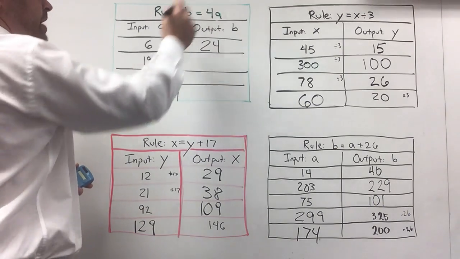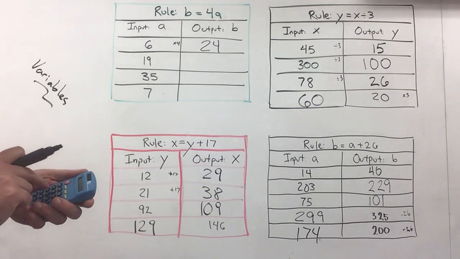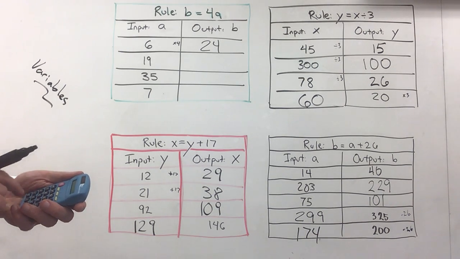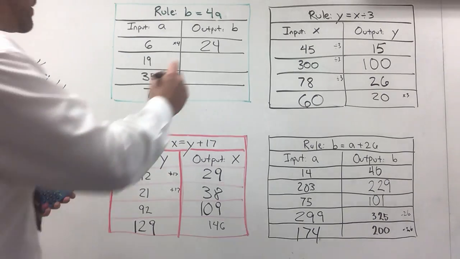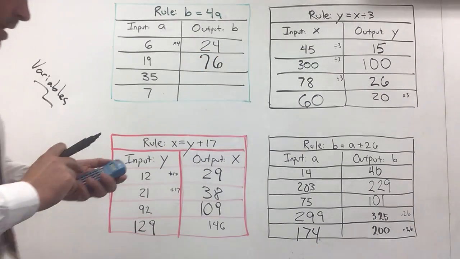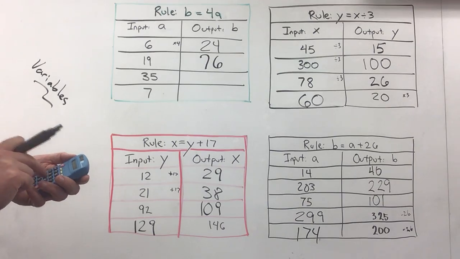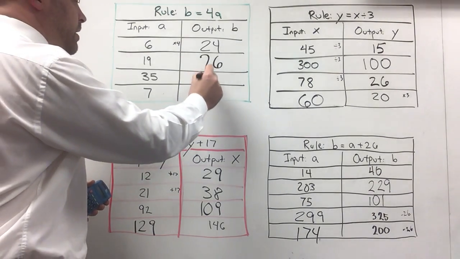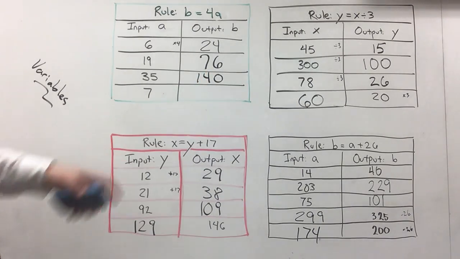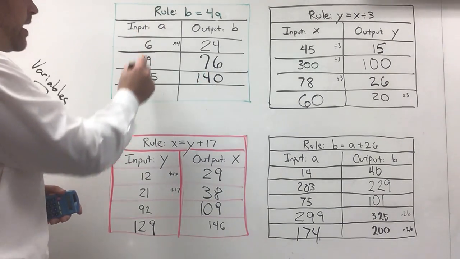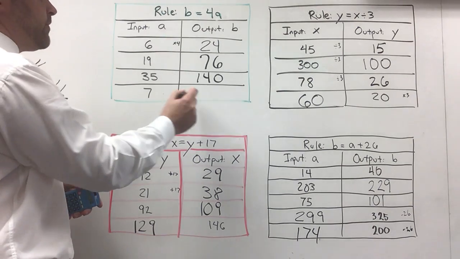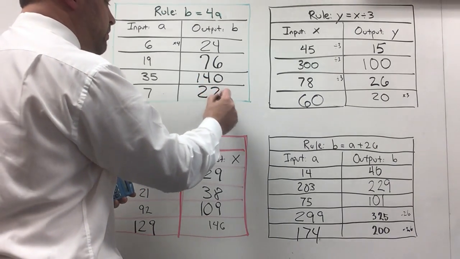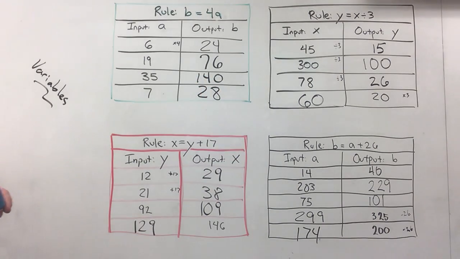So 4 times 19, 76. How about 35 times 4? 140. Last but not least, 7 is the new A. So let's take 7 times 4. You got it, 28.